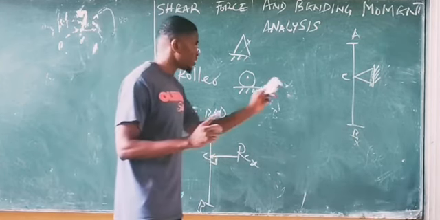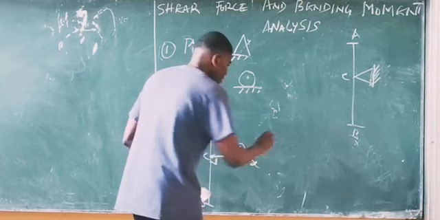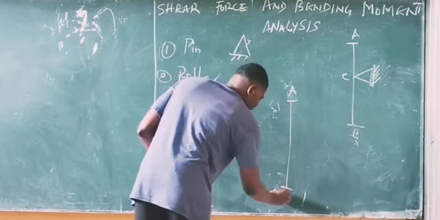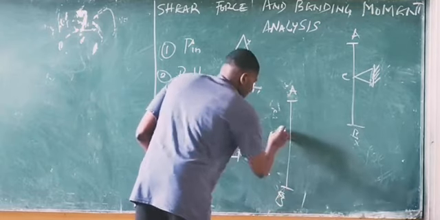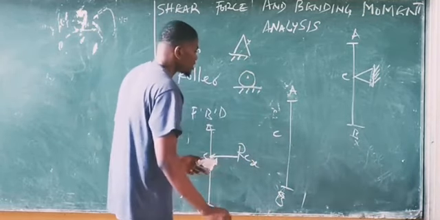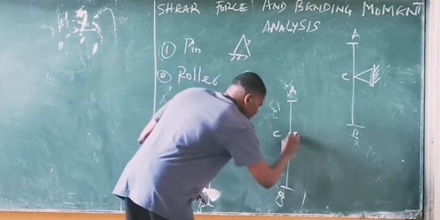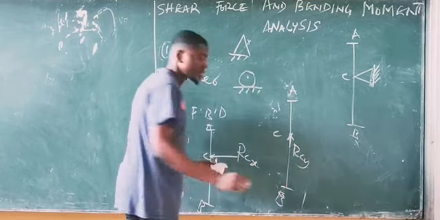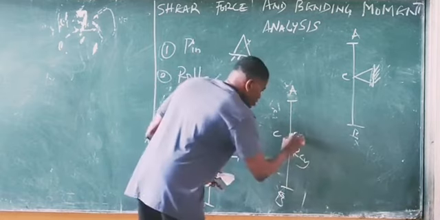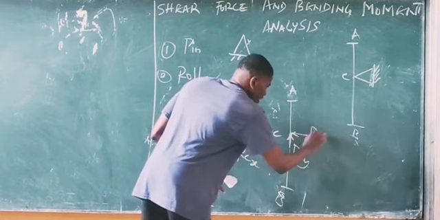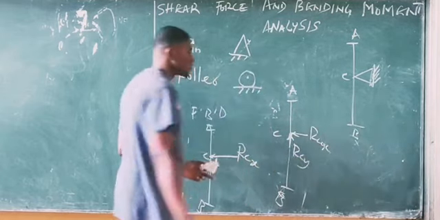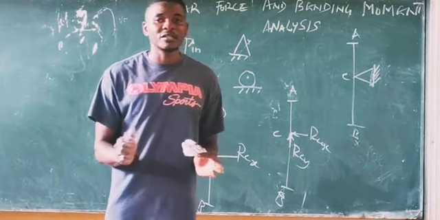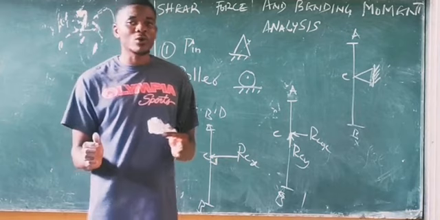So that means for this pin, if it's a pin that is here, this is our beam, okay, point A, point B, and this is point C. Alright, so it means at point C we have a vertical reaction, so we can call this RCY. And then we also have a horizontal reaction at point C, RCX. So it's important for you to know the difference between a roller and a pin and how it occurs on a beam.